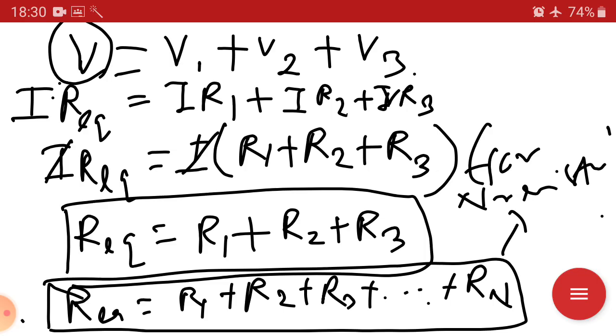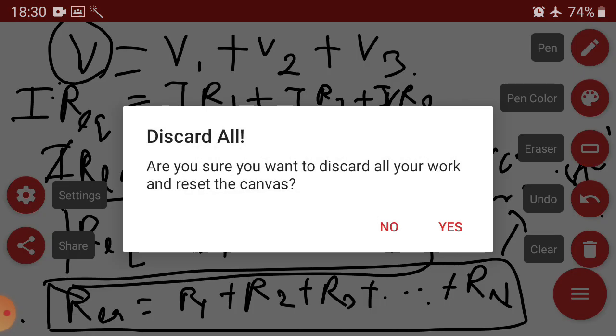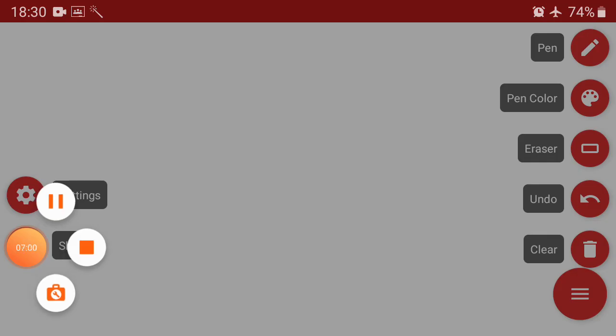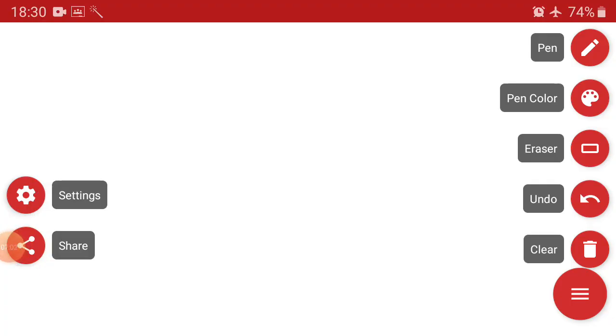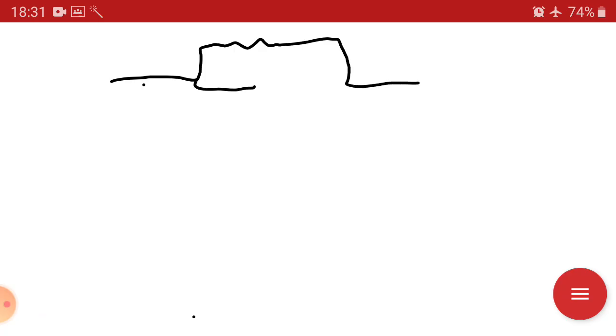Now we will calculate the resistors in parallel. We will follow a similar process. First let us draw the diagram. How will you connect the resistors in parallel? Parallel connection means the terminals of all the resistors are the same.